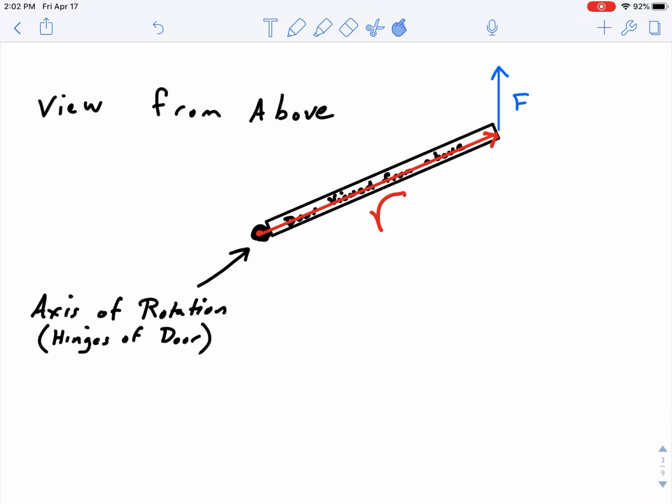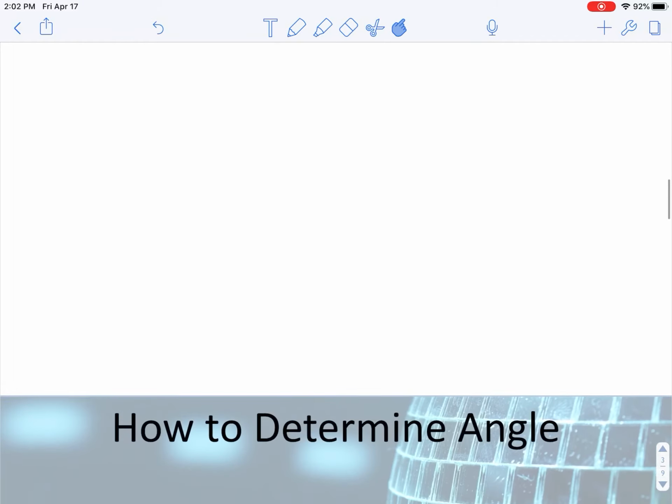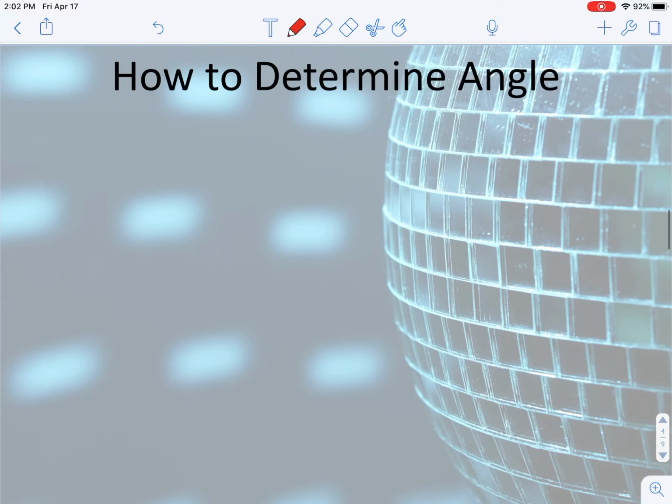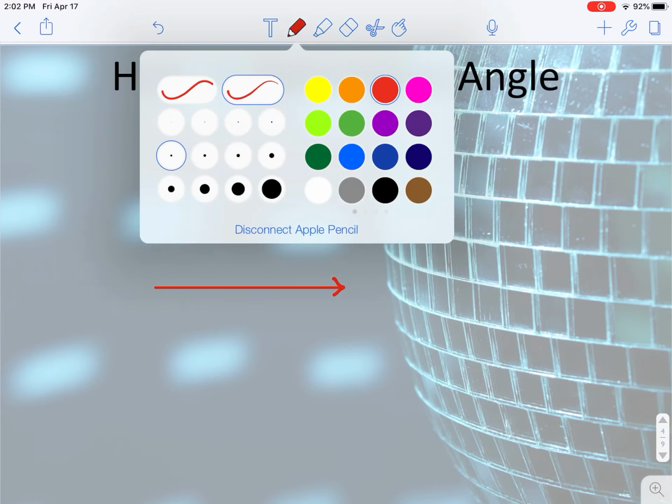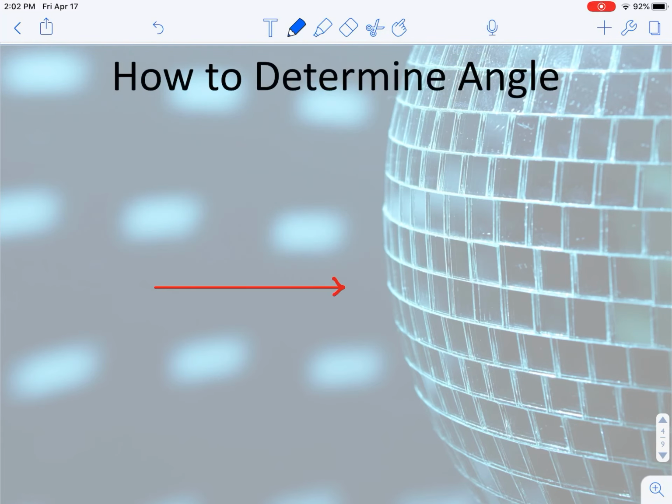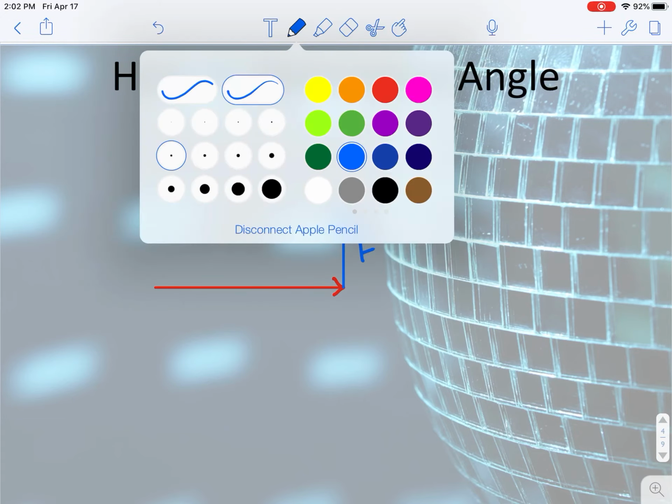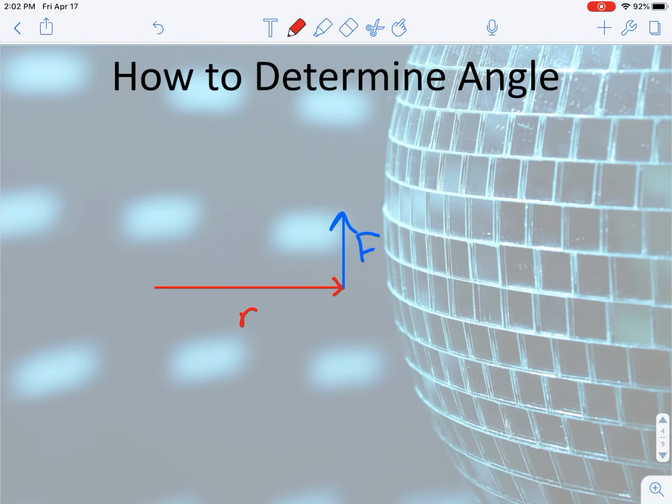Now, to measure that angle, it's a little bit trickier to think about. What we need to do is, we had that R value, and then we had the force value, and if I copied those from the picture above, we would have had something like this.